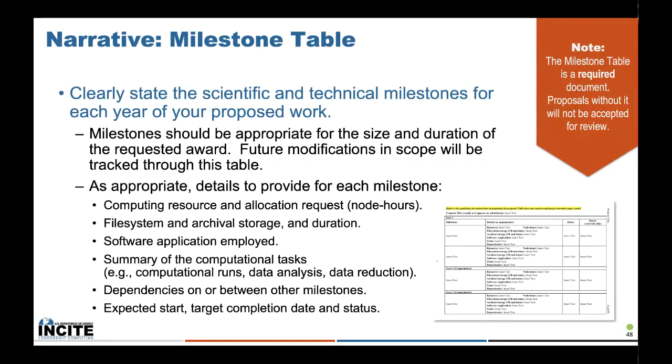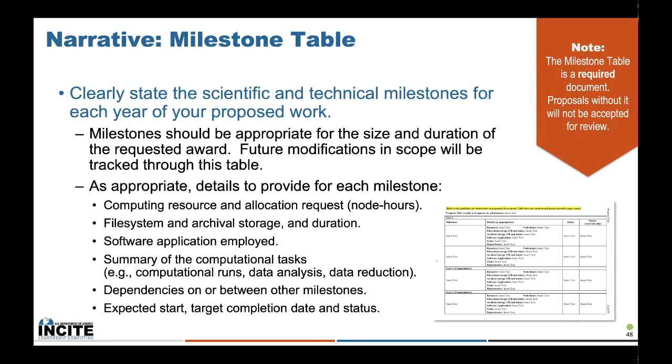Okay, it's the milestone table. It's an integral part of the INCITE proposal. The milestones should be formulated for each year of the proposed work. Obviously, if you propose a multi-year proposal, they should be appropriate for the size and duration of the requested award. Importantly, the performance and future modification in scope will be tracked using those tables.